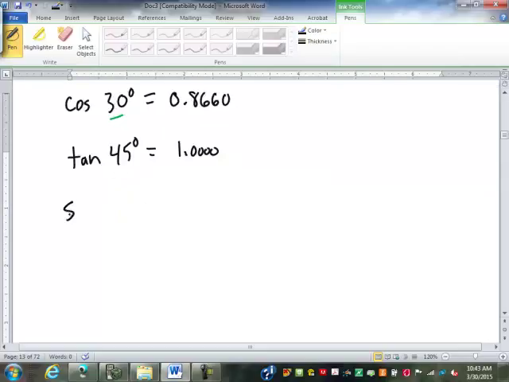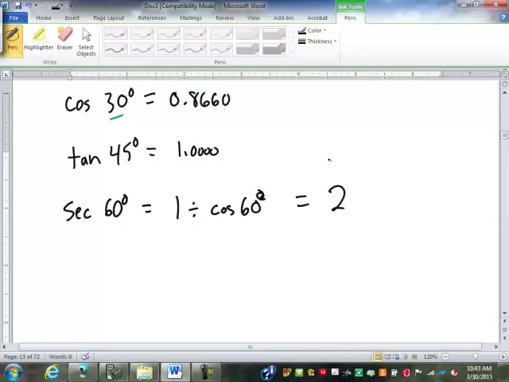What if I ask you to find the secant of 60 degrees? Remember, secant was the inverse or the reciprocal of cosine. So you either do 1 divided by the cosine of 60 degrees. Should give you 2, by the way.